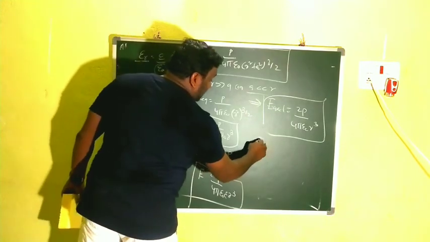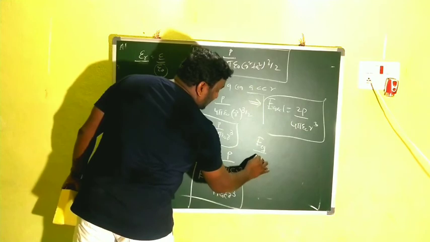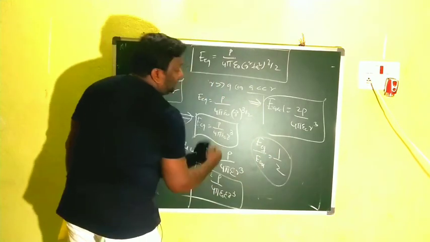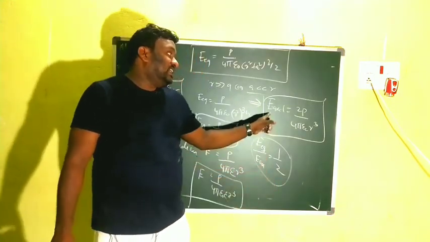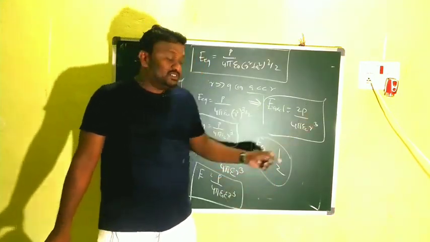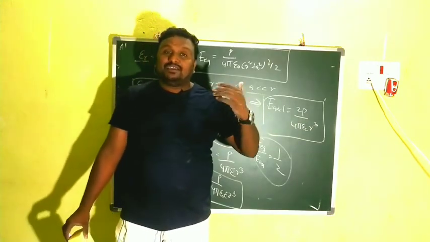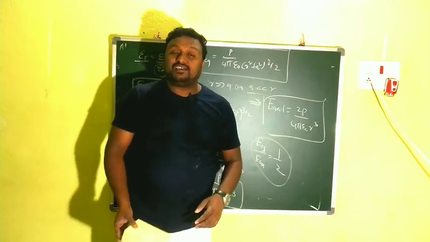If we write E equatorial by E axial, then they are in the ratio of 1 by 2, that is 1:2.